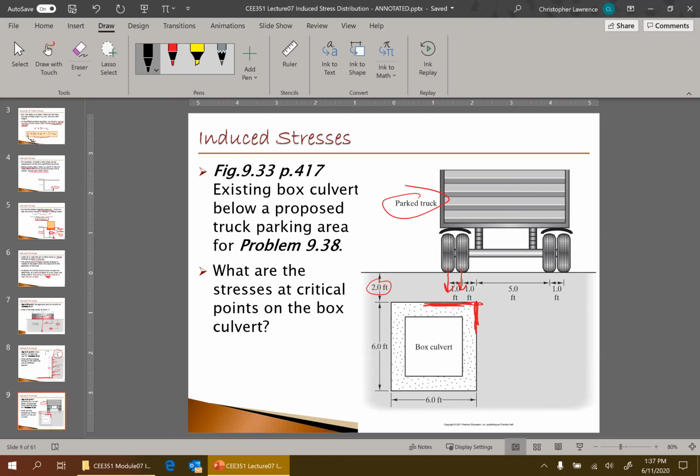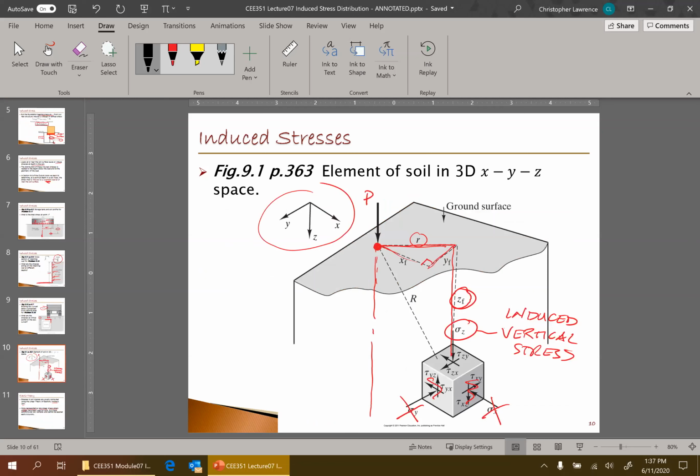So we looked at a couple reasons why we might have to consider induced stress. We started getting into our idea of the terminology here. So we have this X, Y, and Z in terms of the stress element. And once again, we have our horizontal stresses, sigma X and sigma Y. We have several different shear stresses that would act on this soil element.